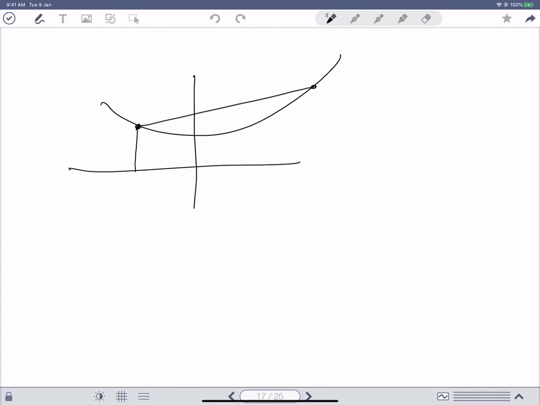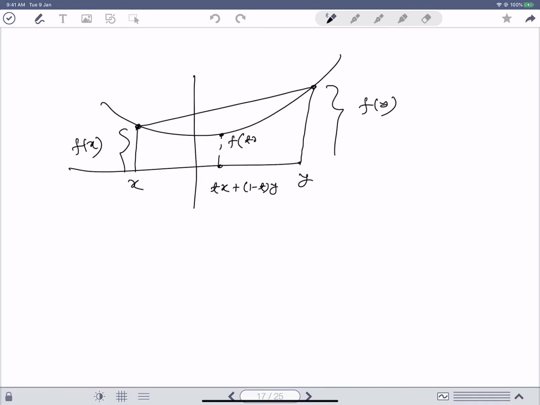Suppose this is your x, this is your y, and this is your t x plus 1 minus t y. This value is f of y and this value is f of x. This point will be f of t x plus 1 minus t y, and this point will be t f of x plus 1 minus t f of y.